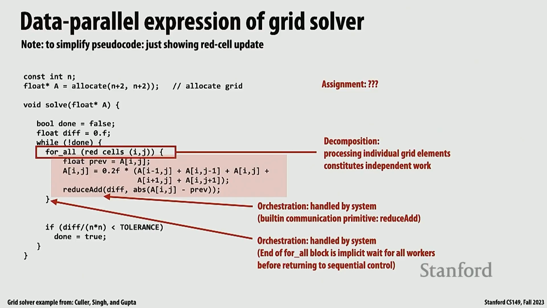But more or less, I've done the decomposition, and I've said, assignment, parallel system, you go figure out for me. Make sense? Okay. And this is why I'd rather write it this way, because it's basically the sequential code. I just did one little thing which said, hey, compiler, trust me, all these iterations you can do in parallel, provided that you take a little bit of care right here.